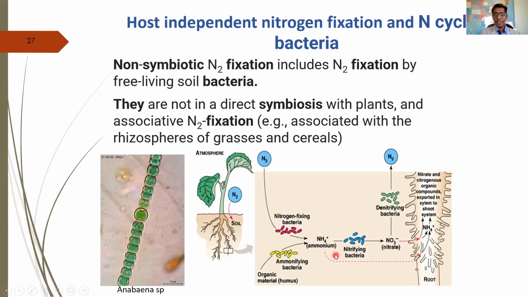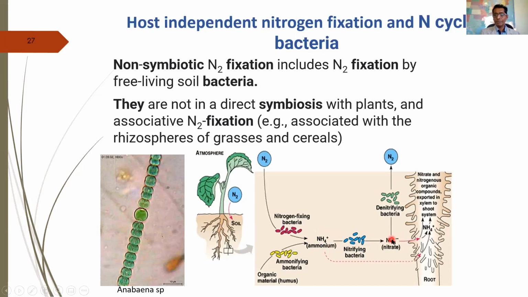Another group of bacteria, which are not involved in fixing the nitrogen, can convert ammonium, the product of the nitrogen fixing bacteria, to nitrate, and it becomes available to plants.